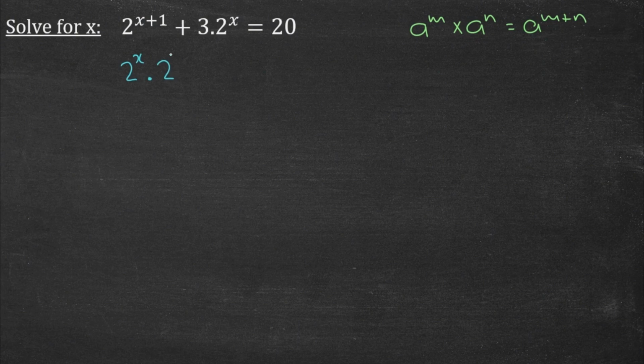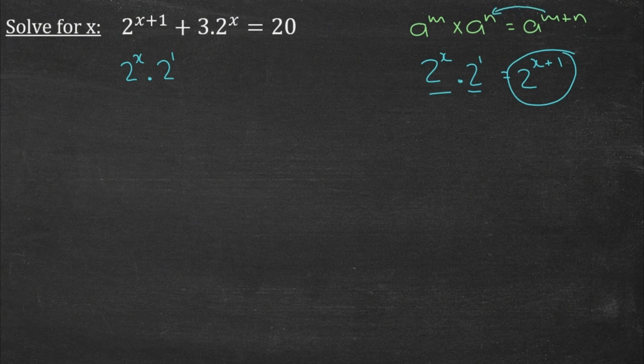And I'm going to keep the base again and I write the other exponent. So let me show you what we did here. We are multiplying. The bases are the same. So I'm going to keep the base and we add the exponents. So can you see that this answer is the same as this and this is the same as this. So all we did was to apply the opposite of the exponent law.